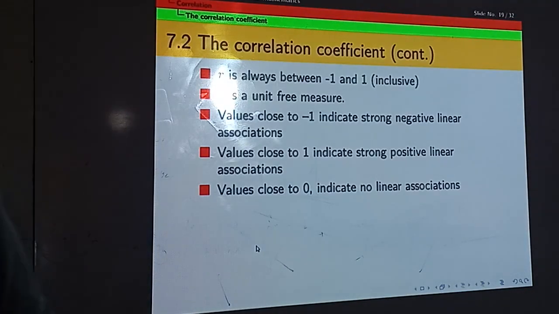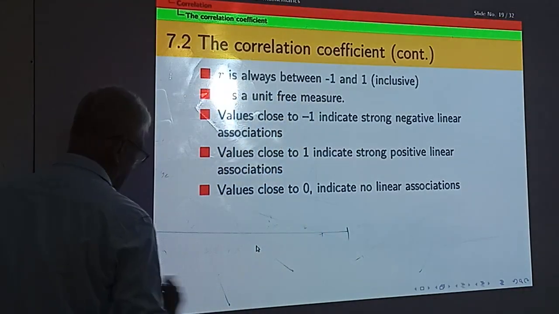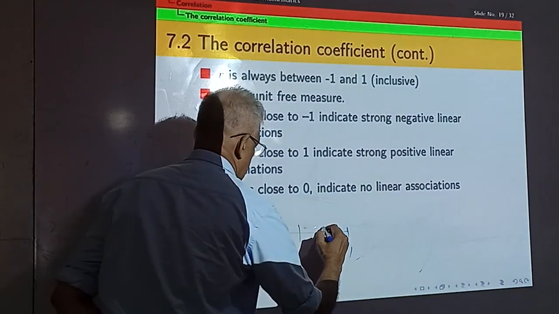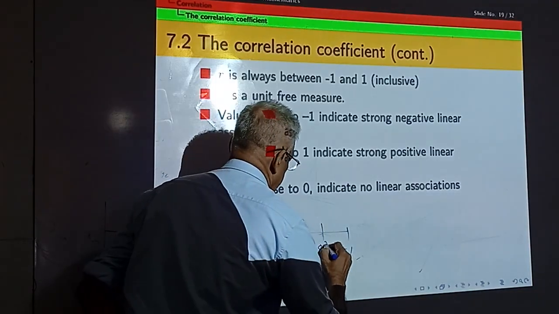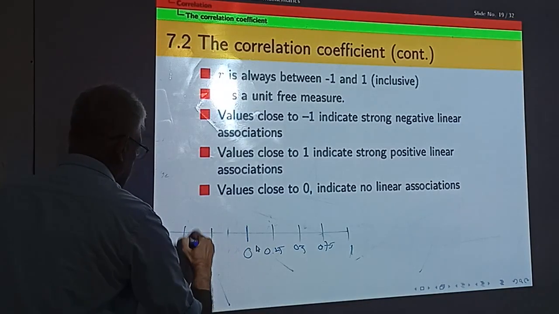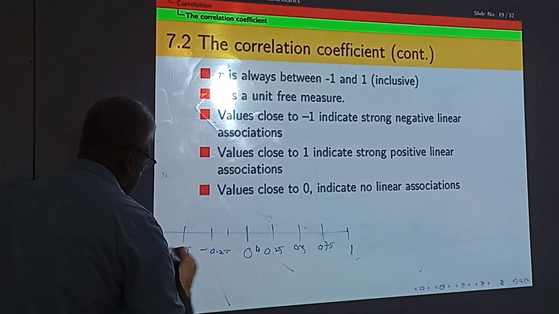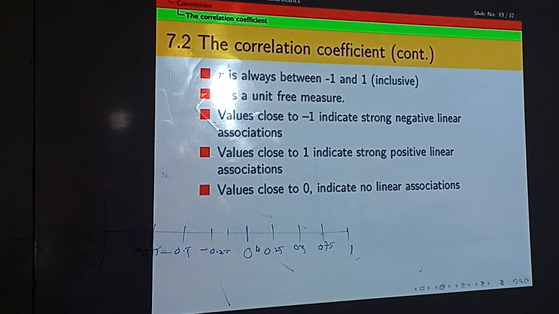But one interpretation that I have seen is that they have divided this scale between -1 and +1 into several parts, like 0.25, 0.5, 0.75, and then +1 here, and then -0.25, -0.5, -0.75. Right. So in one book I have seen, I think this is somewhere a fair way to explain it.